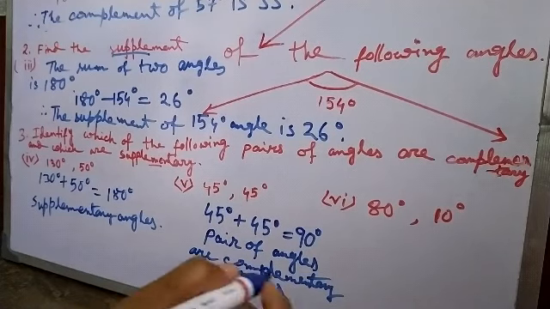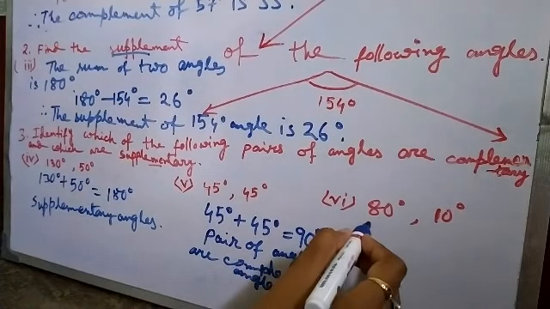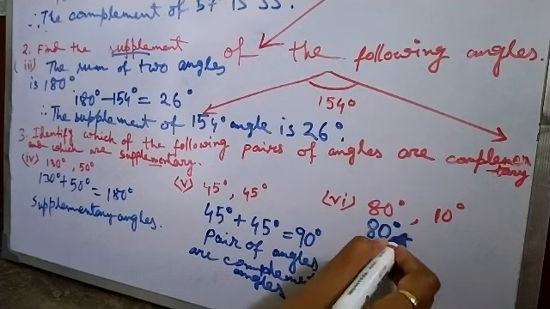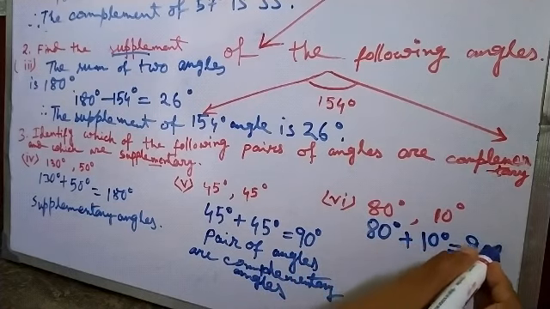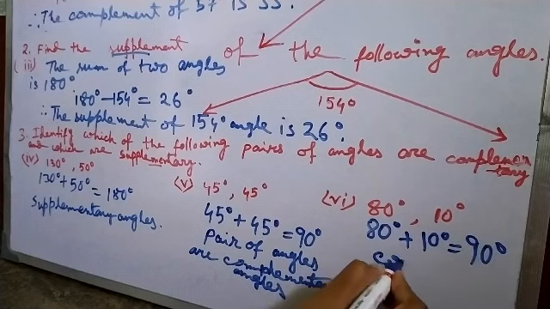Now number 6: 80 degrees and 10 degrees. Let's see its sum. 80 degrees plus 10 degrees means 90 degrees. So this is a complementary angle.